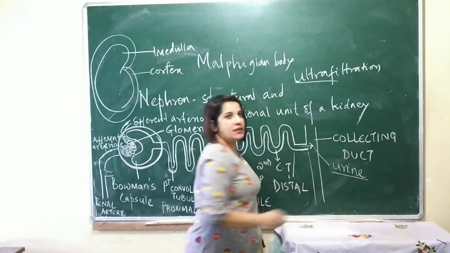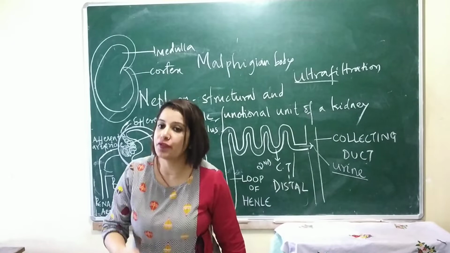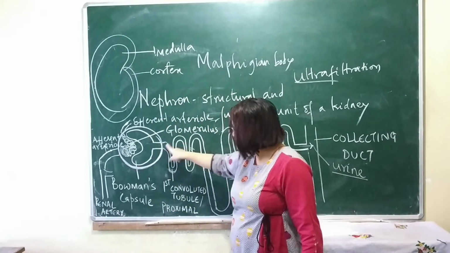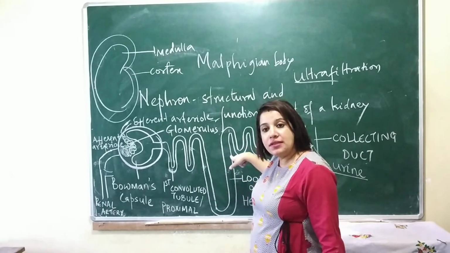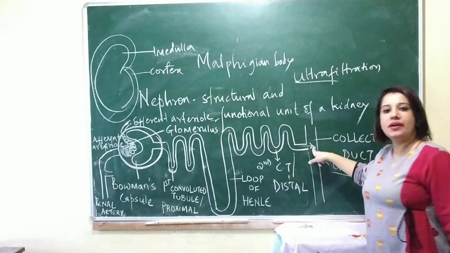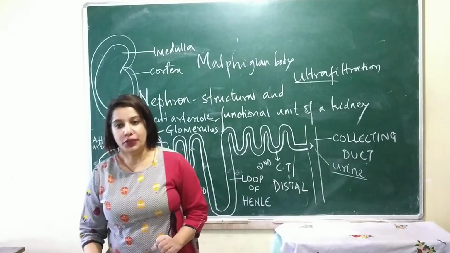So urine contains all the waste products that have to be removed from the body. So ultrafiltration takes place, absorption of substances required by the body takes place, and finally when it is released into the collecting duct, it is called urine.